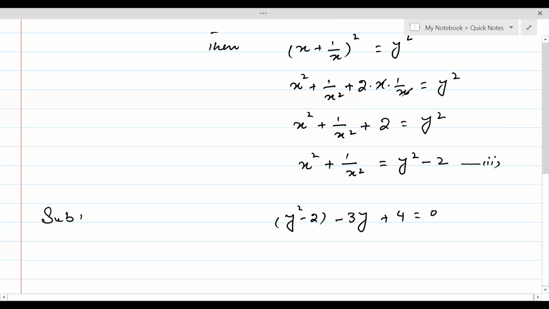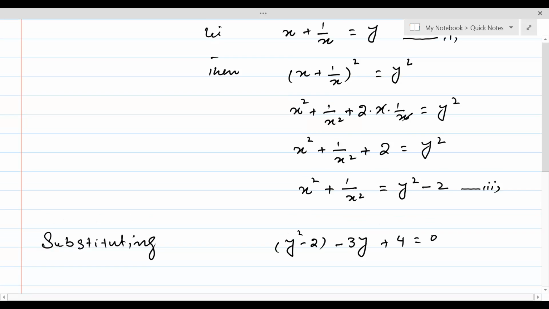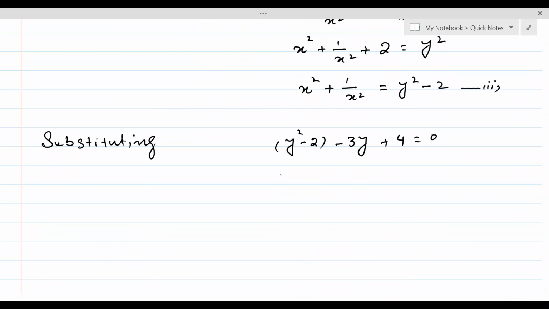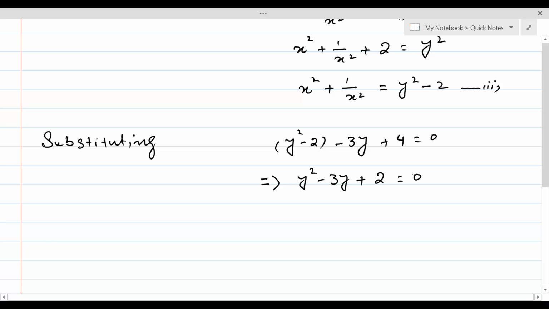Substituting, what we get is y square minus 2 minus 3y plus 4, and this gives us y square minus 3y plus 2 equal to 0.